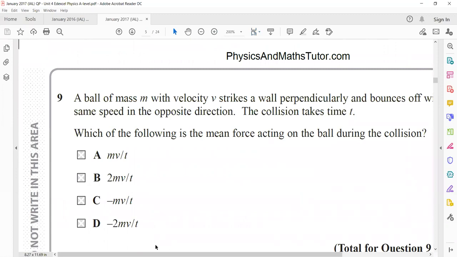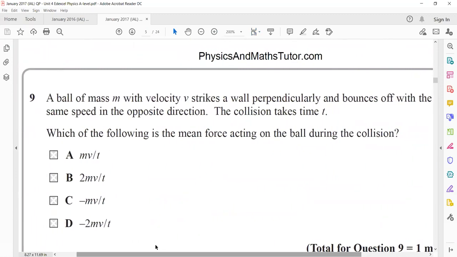Question 9. What could be the answer? January 2017, question 9. A ball of mass m with a velocity v strikes a wall perpendicularly and bounces off with the same speed in the opposite direction.